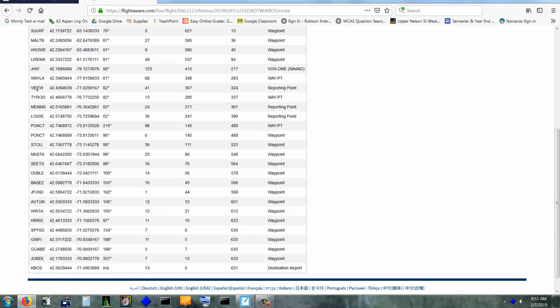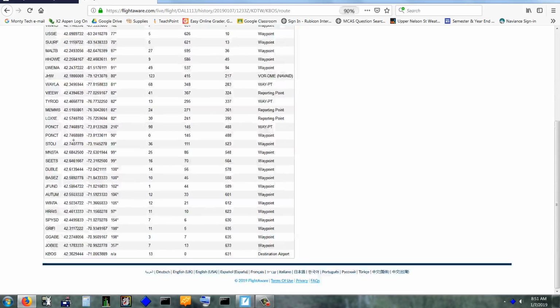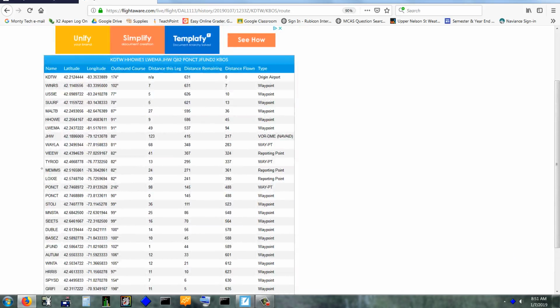So this plane is mostly flying east, right? 70 degrees, 80 degrees, 90 degrees, 100 degrees. That's mostly east, northeast, southeast, but it's pretty much traveling east.